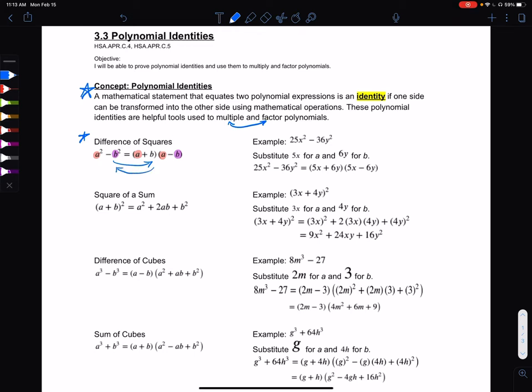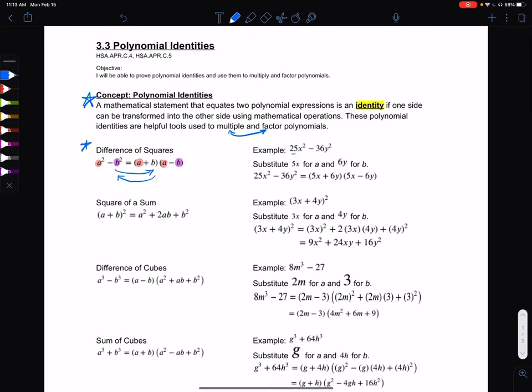The nice thing about these polynomial identities is they save you some work when multiplying, and they make factoring possible. Occasionally when you come across these, it doesn't look like they're factorable, but in fact they will be. An example would be 25x squared minus 36y squared.